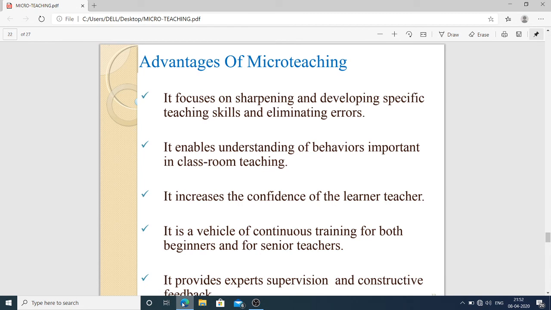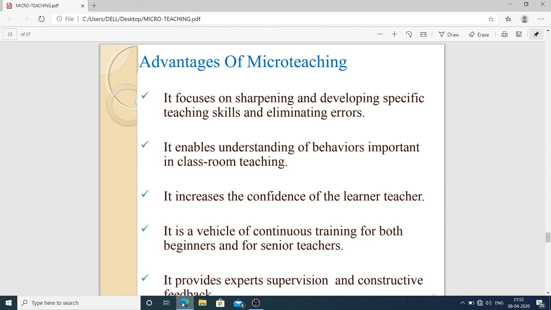Then there are some benefits of micro teaching. It focuses on sharpening and developing specific teaching skills and eliminating errors from new teachers. It enables understanding of behaviors important in classroom teaching, which kind of behavior is good and which kind of behavior stimulates the students to learn more and think about the topic discussed in the class.